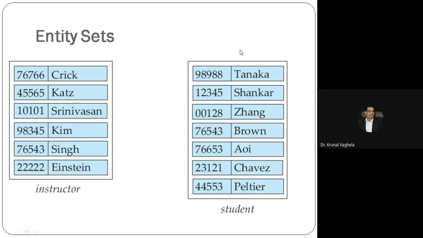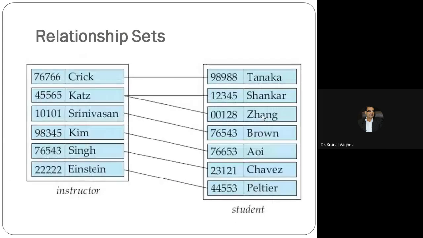So Kim is HOD, head of the department, of all the students. Third relationship. Right. So multiple relationships are possible, but what is a relationship set? Which is a relation of similar type. Getting my point? So an instructor and student can be related with many relationships. See, same. Crick is advisor of Tanaka, Katz is advisor of Shankar and Zheng, something like that.